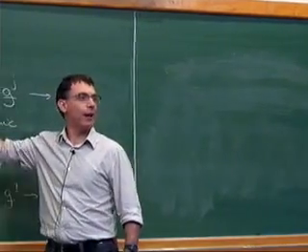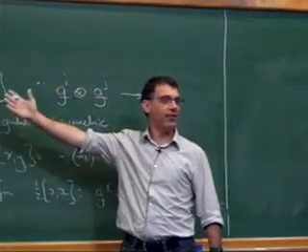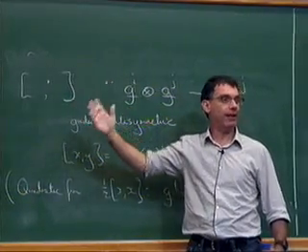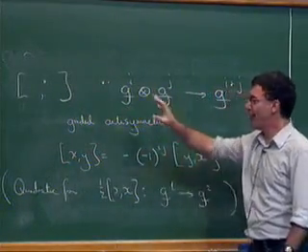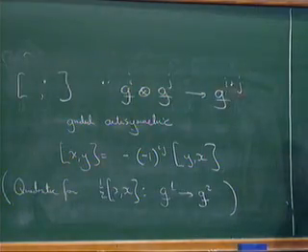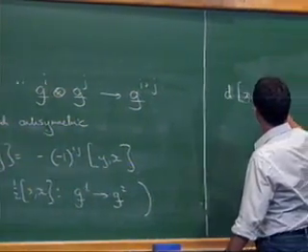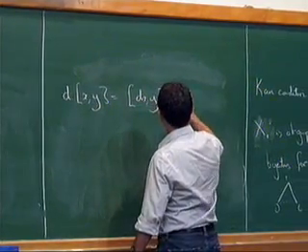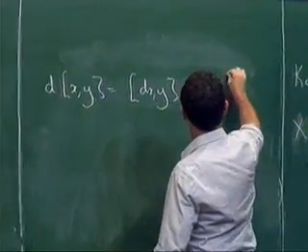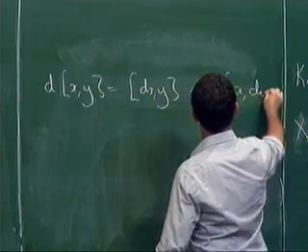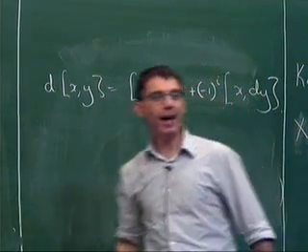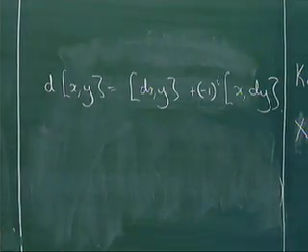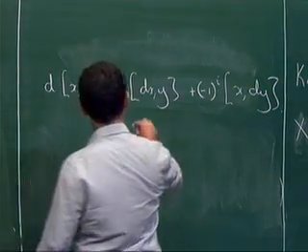So now you're expecting me to say that this satisfies the Jacobi rule. And if it does, then we have a differential graded Lie algebra. Well, no, I first have an axiom, which is that d of xy equals dx y plus minus 1 to the i x dy. So this Leibniz rule holds just like it does in a differential graded Lie algebra.